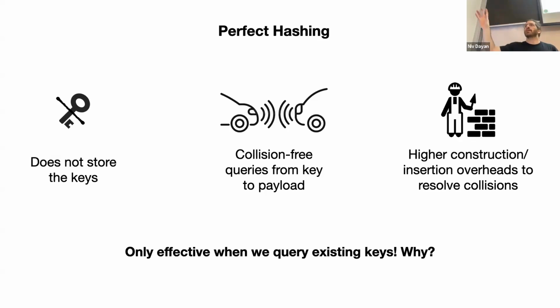It might actually map me to a payload corresponding to some other key, and I'm going to have no idea and no ability to differentiate. The reason you have no way to differentiate is because you haven't inserted the non-existent key, so you haven't resolved the collision. Exactly. So provided the keys that I actually inserted, I guarantee no collisions, but I can't guarantee that for keys that I haven't inserted.